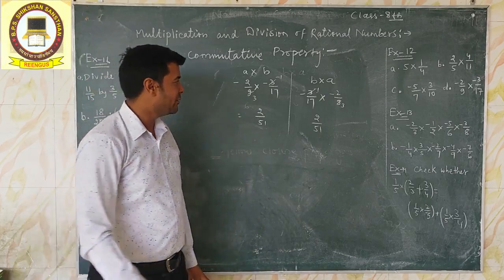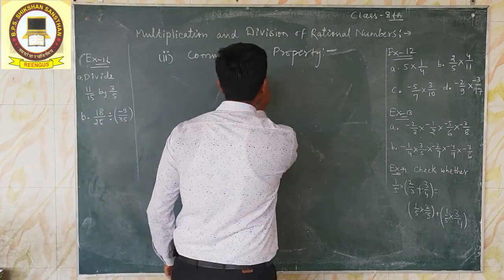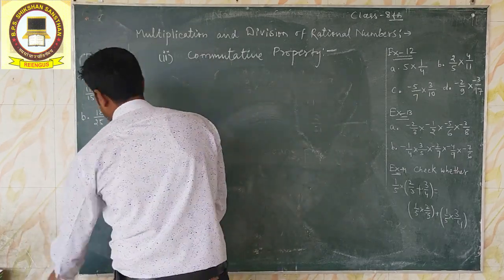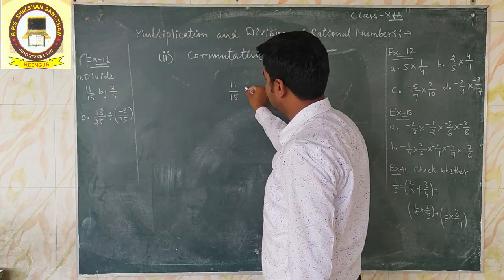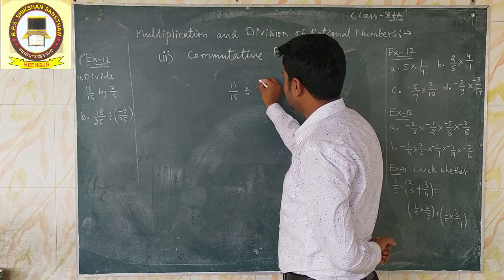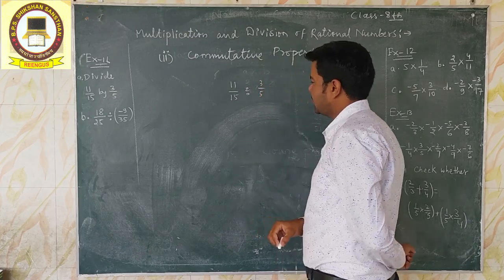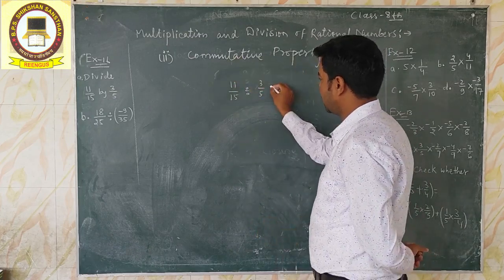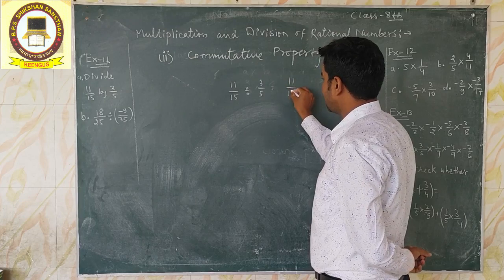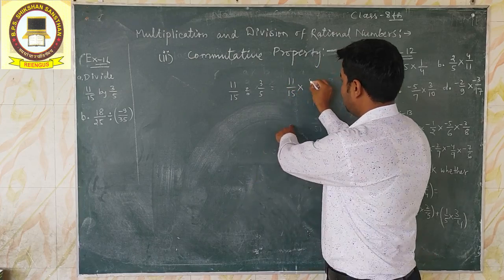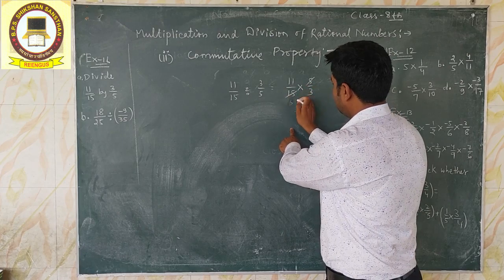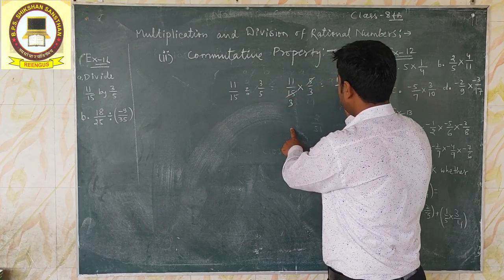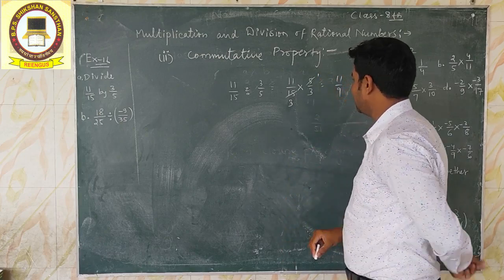Now what happens when we divide? There is this example: 11/15 divided by 3/5. So we get 11/15 multiplied by 5/3. It becomes 11/9, right?